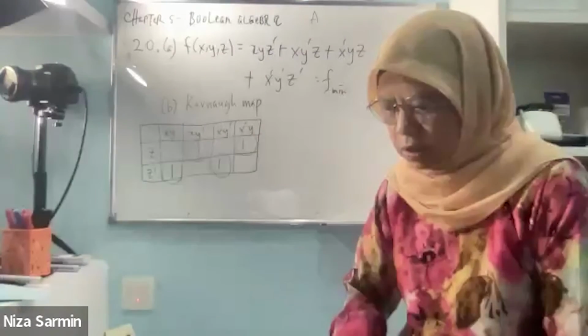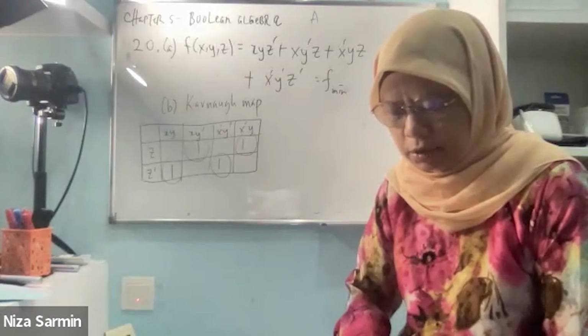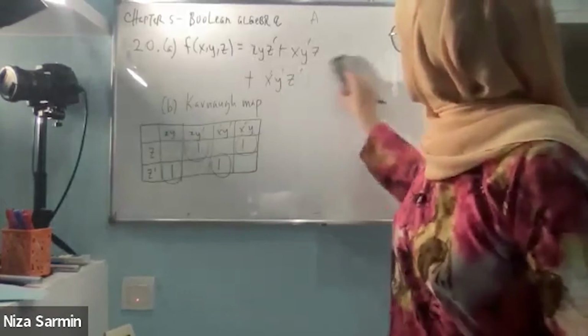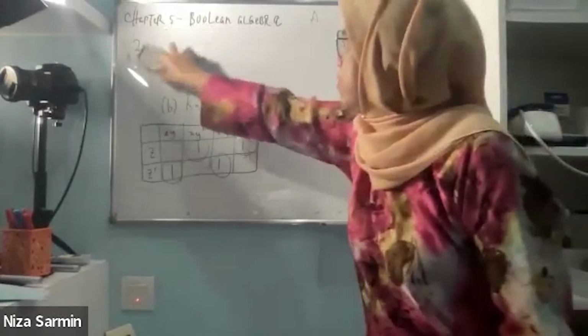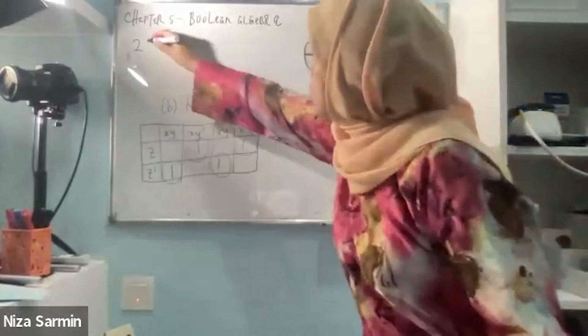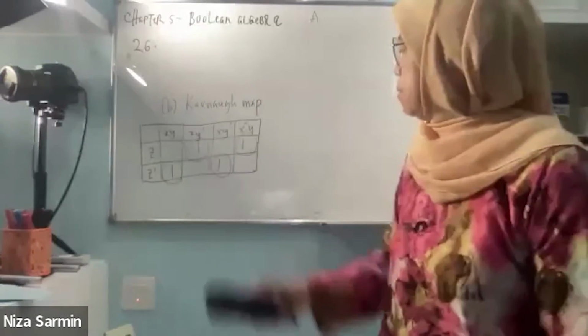I want to do another one. Look at number 26. For 26, the logic network is long for this one. You can try to do the logic diagram. For number 26, let me draw the Karnaugh map, yeah?